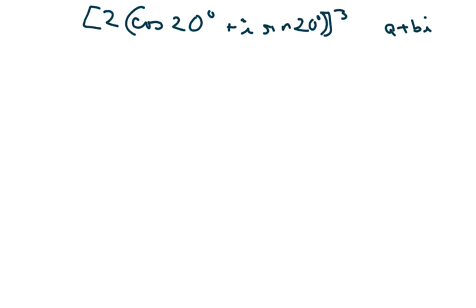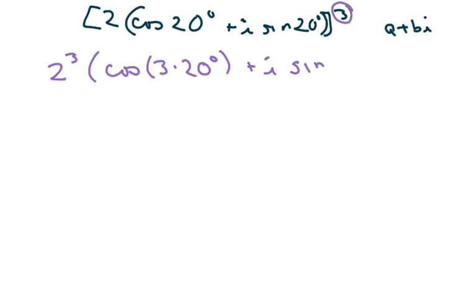And so we're going to use the theorem, and we're going to write this as, do you see the 3 here? So we're going to write this as r cubed, so it's going to be 2 cubed times cosine of 3 times 20 degrees plus i times sine of 3 times 20 degrees.